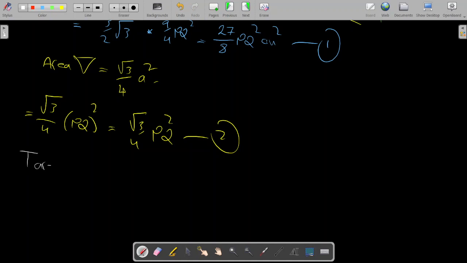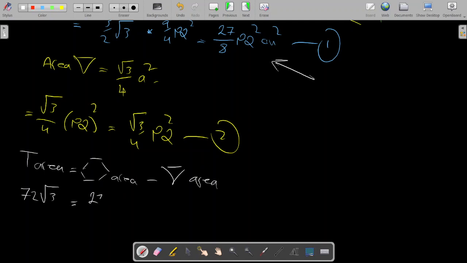T area is equal to polygon area minus triangle area. So the T area is going to be equal to 72 square root of 3 equal to the area of the polygon, which is equal to 27 over 8 PQ square minus the area of the triangle, which is going to be equal to square root of 3 over 4 PQ square.